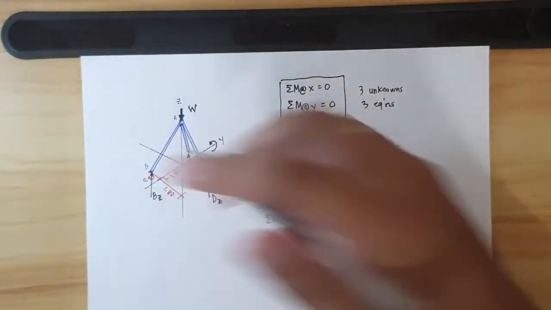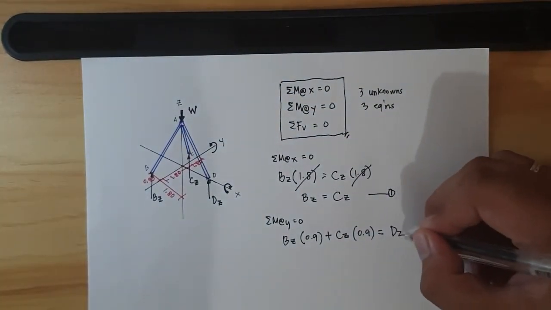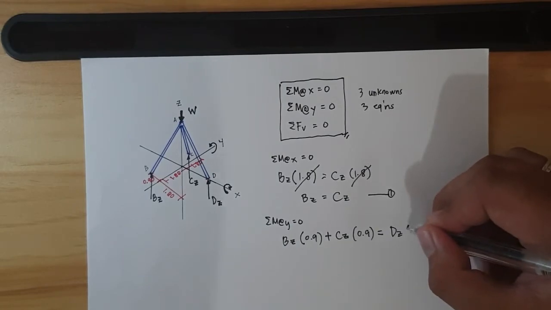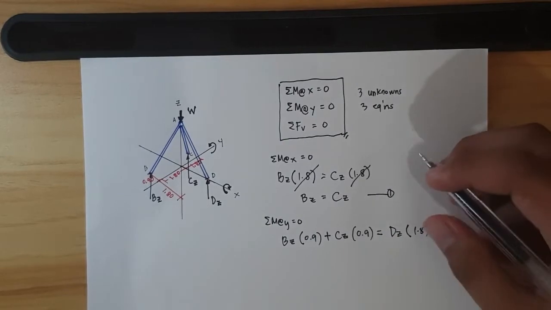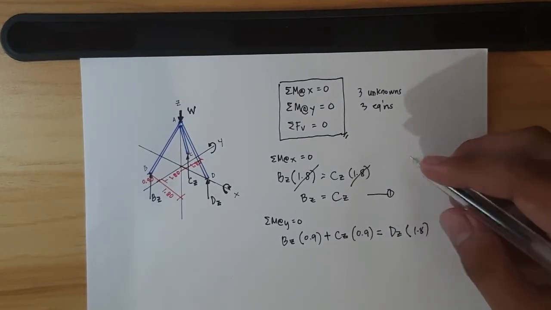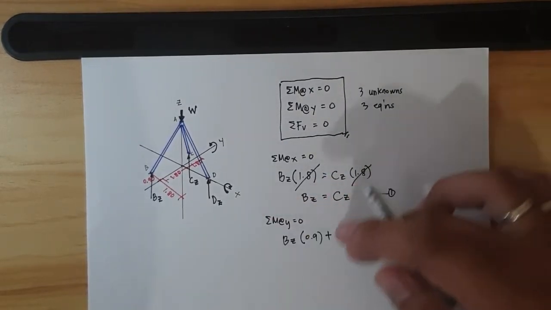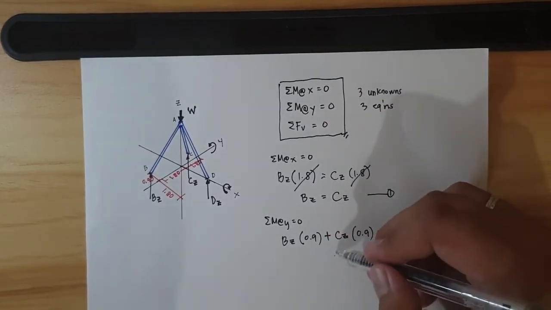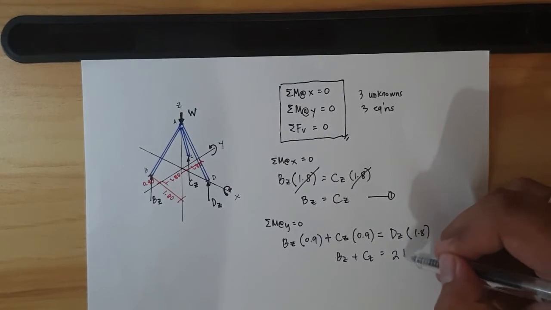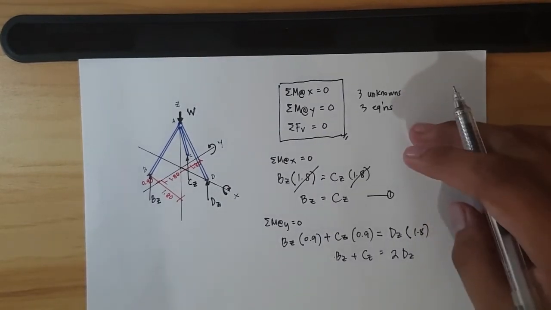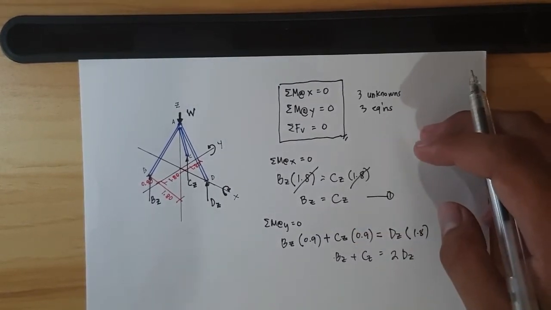So DZ times its distance of 1.8. If you divide everything by 0.9, you get BZ plus CZ is equal to 2 DZ, since 1.8 divided by 0.9 is 2.